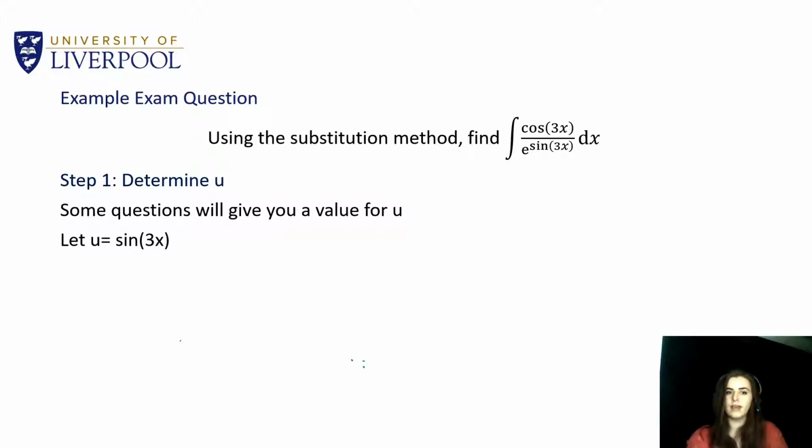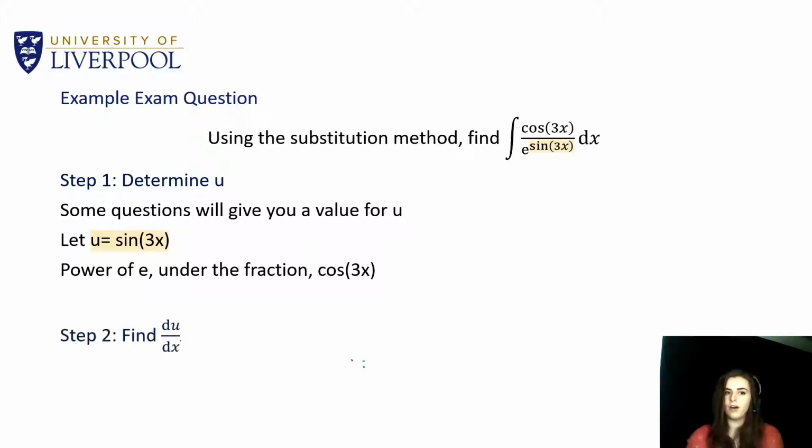I'm going to say let u equal sine 3x. The reason I've chosen this one is it is not only the power that is attached to the exponential, it is also under the fraction, and there is also a cos 3x present within the question, and that will be important later on.